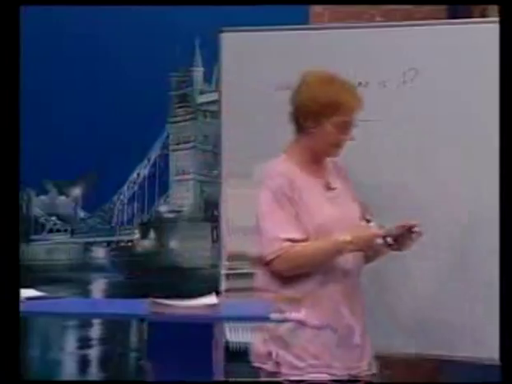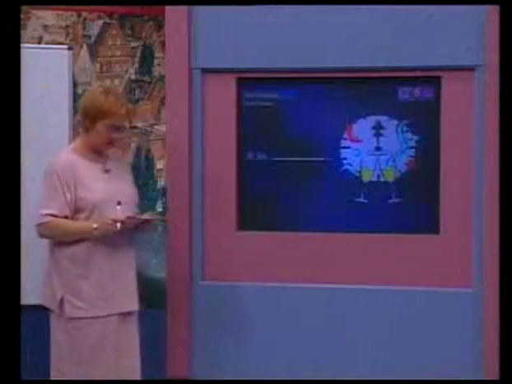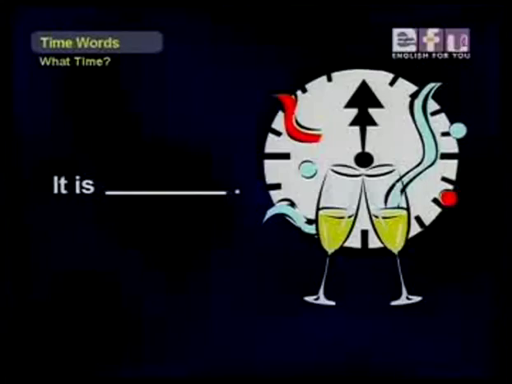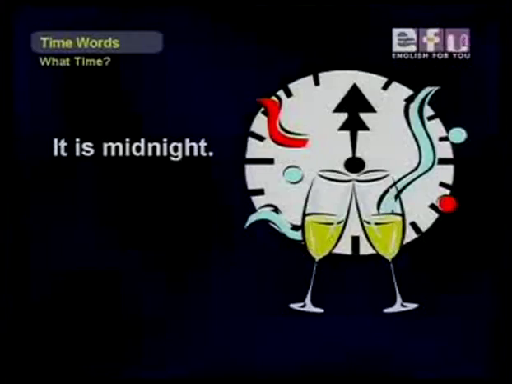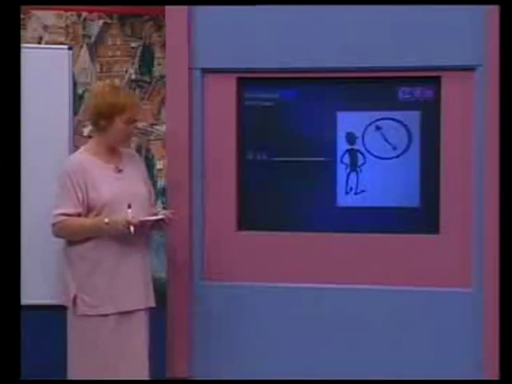So now we're going to practice with our assistants. And we'll start with Ali. So, Ali, what time is it? I want you to say the time all the ways that you can. It's midnight. Okay. It's noon. It's 12 o'clock. Okay, good job.